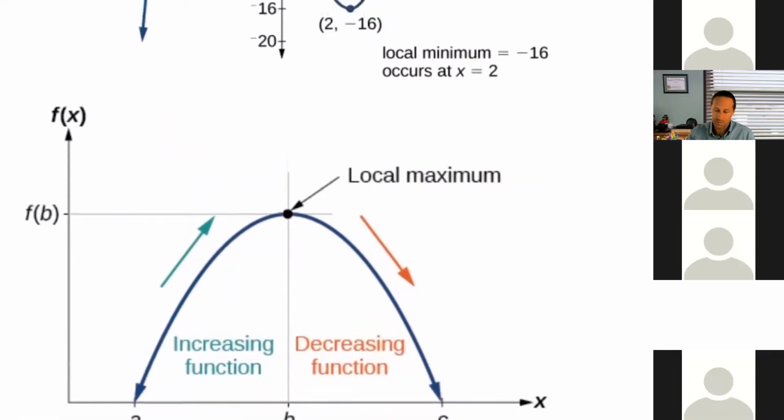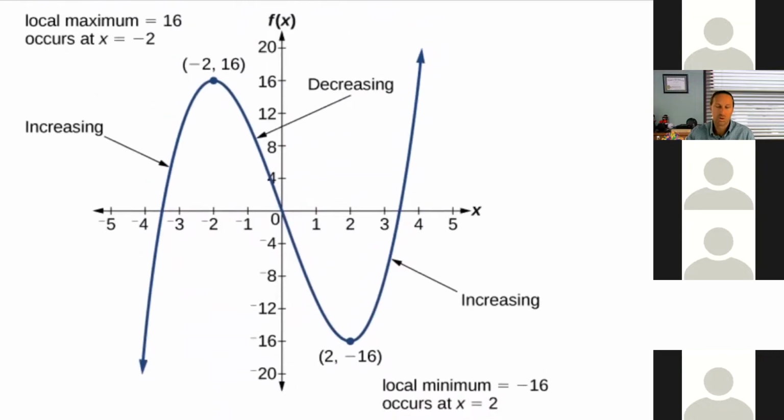So let's go ahead and just mention that now. What is the difference between a local maximum versus a global or absolute maximum? Look at this graph. Does this graph right here have an absolute or global on the entire graph? Does it have a highest point? Would that highest point be in infinity? Good.